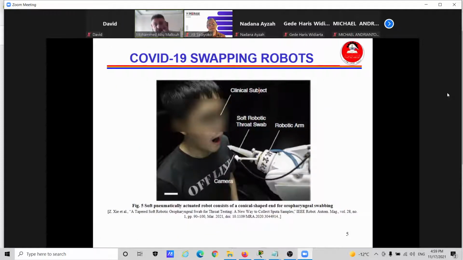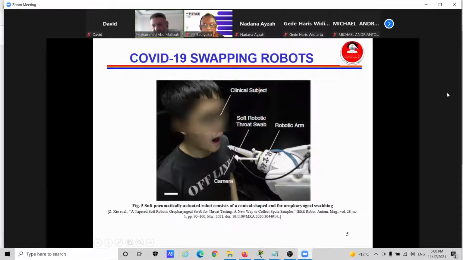I just want to go quickly through a couple of slides to review the literature, other researchers who did similar work. In one recent published work in 2021, a soft pneumatically actuated robot consists of a conical shaped end effector for oropharyngeal swabbing. Oropharyngeal means swabbing through the mouth or from the throat.